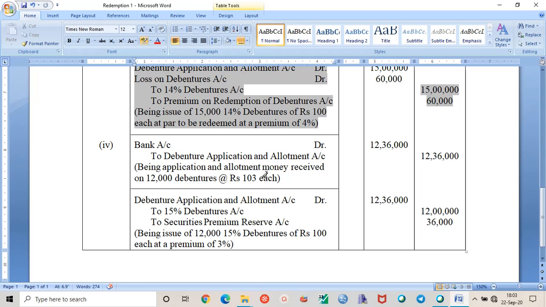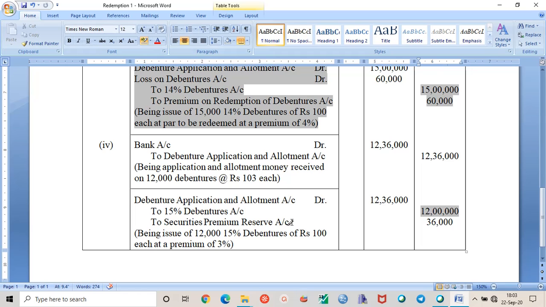Here the debentures are issued: D Limited issues 12,000 15% debentures of rupees 100 each at a premium of 3%, to be redeemed at par at the end of the sixth year. The debentures are issued at a premium but redeemed at par, so you will pay 12 lakh to debenture holders.